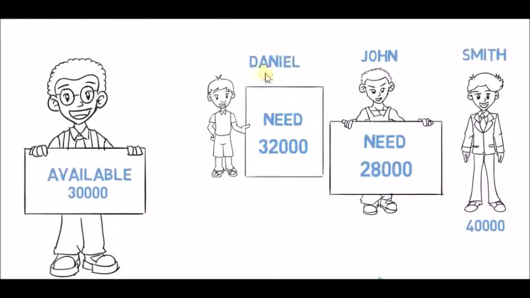This sequence, John, Daniel, and then Smith, is known as the safe sequence, because if we provide loans in this sequence, then we can provide a loan to all customers.